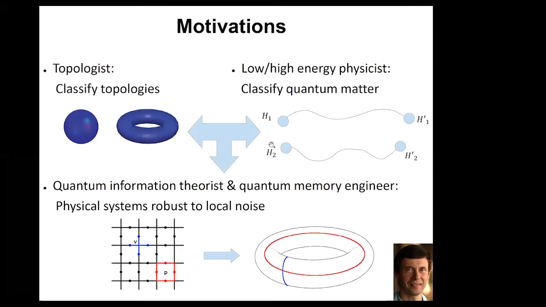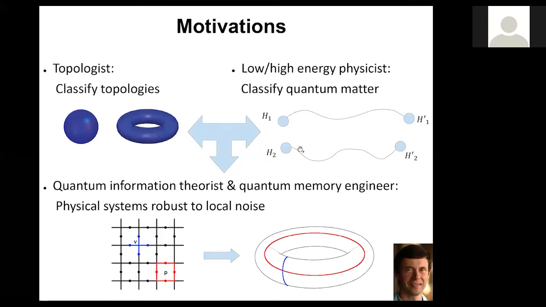You are given 2 Hamiltonians, say H1 and H2, and you try to understand whether the behavior of the physical observables that you get from this Hamiltonian system is the same as the physical phenomena that you would get from the second Hamiltonian system. What you would do is try to find a path from this Hamiltonian to this Hamiltonian and see whether things change drastically on the way.